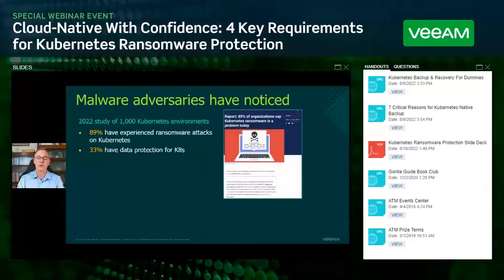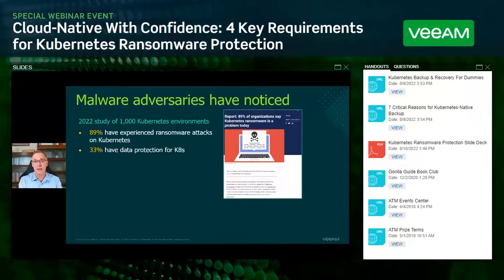If you've watched the news, earlier this year, there was a survey of 1,000 Kubernetes environments worldwide. The survey results were that of those 1,000 organizations, fully 86% had experienced ransomware attacks focused at their Kubernetes environment. One of the most troubling things about this survey, though, was that in the same exact pool of respondents, only 33% had Kubernetes-specific backup methods in place.